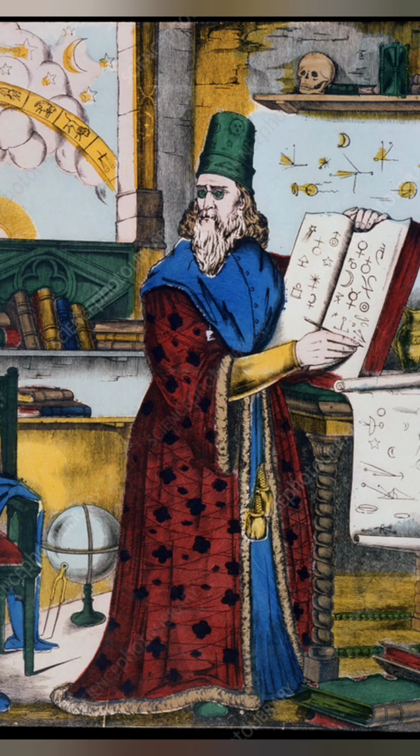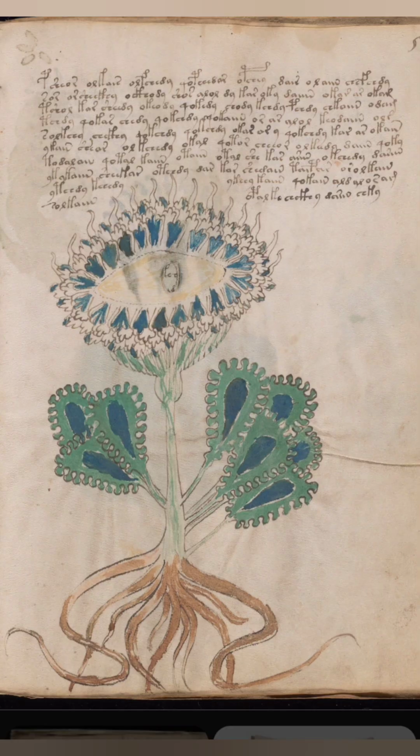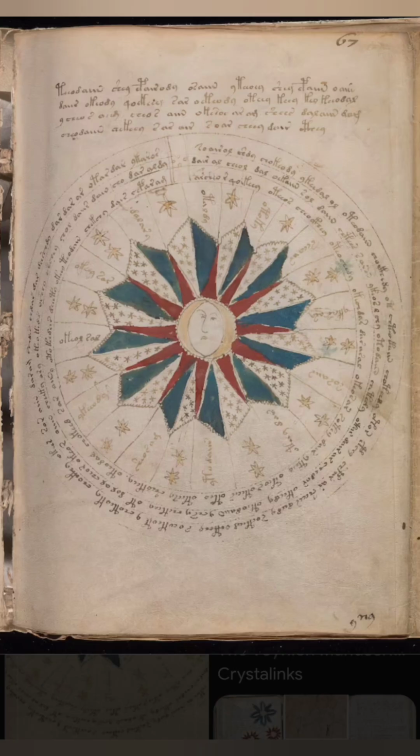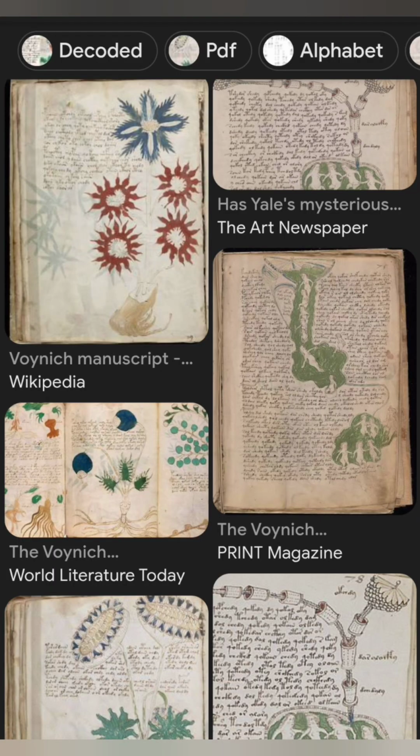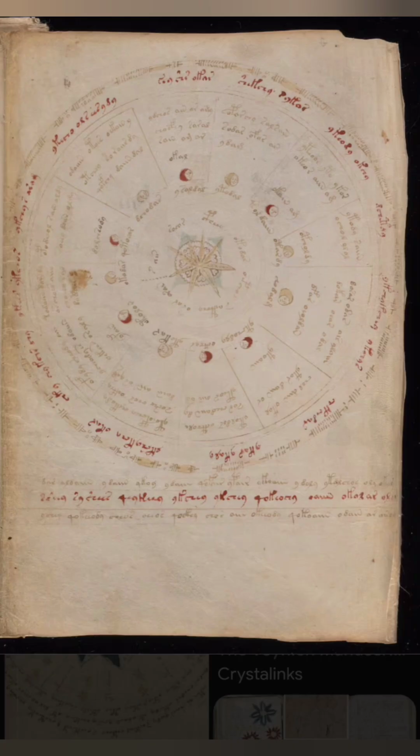First, let's talk handwriting. The Voynich Manuscript shows letter forms and flourishes that match Michel Nostradamus's known handwriting: the loops, the curls, and the seed-like endings. The themes also differ.